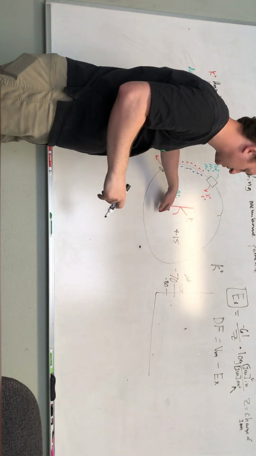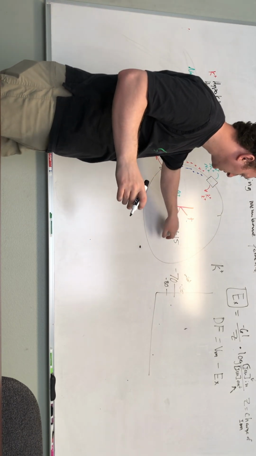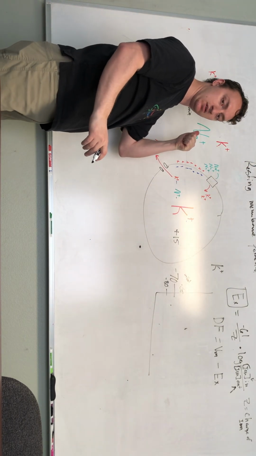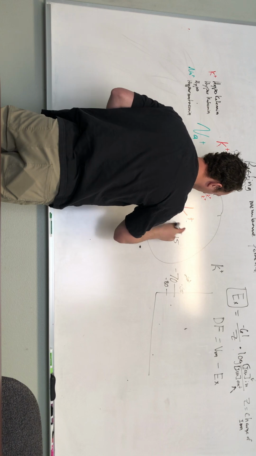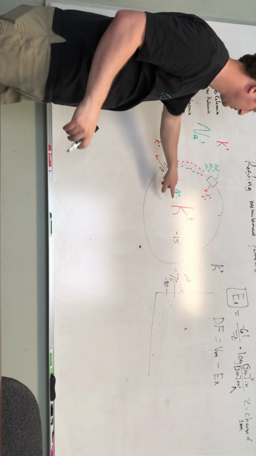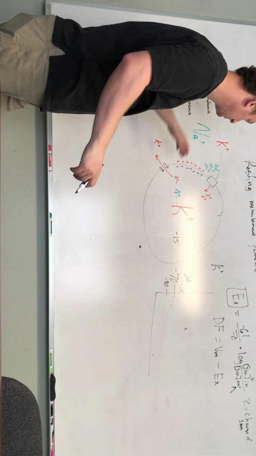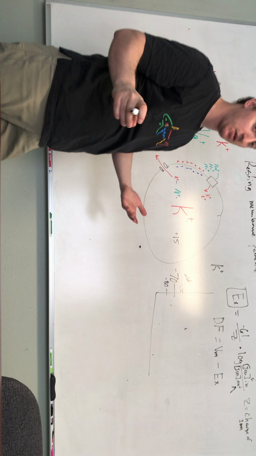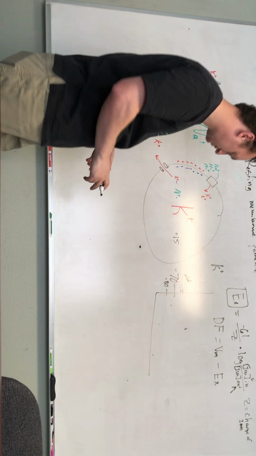Well, potassium's a positively charged ion. If our driving force is positive, it's going to want to leave the cell. Now, if it were negative, it would want to come into the cell. But look at our concentrations. You can tell right now that the driving force is going to be positive in some way, because it's going to push it outside of the cell.